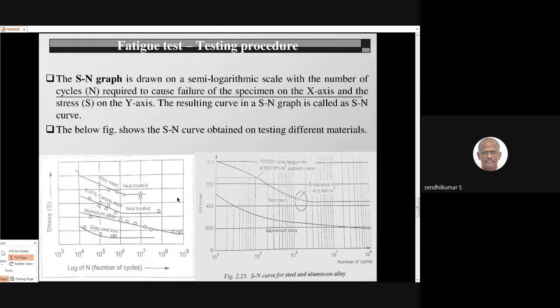This S-N curve is drawn on a semi-logarithmic scale with the number of cycles required to cause failure of the specimen on the x-axis and the stress amplitude on the y-axis. The resulting curve in the S-N graph is called an S-N curve. For different materials we do the testing, and based upon the materials we plot the curve. That type of curve we call an S-N curve.